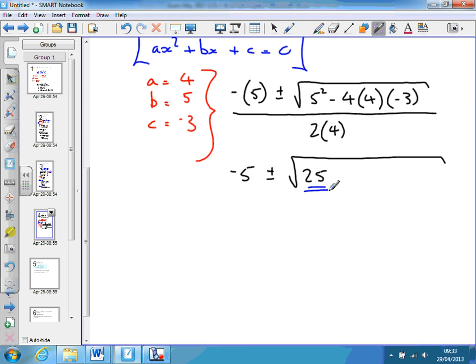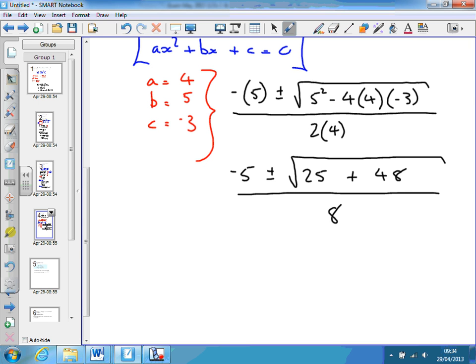This is always positive. So now I'm going to work out what 4 times 4 is, which is 16. And then 16 times 3 is 48. But minus times a minus gives me a plus. So this is going to be plus 48, all over 8.